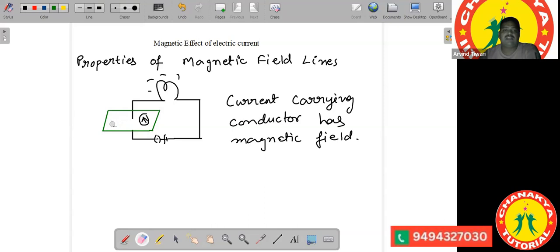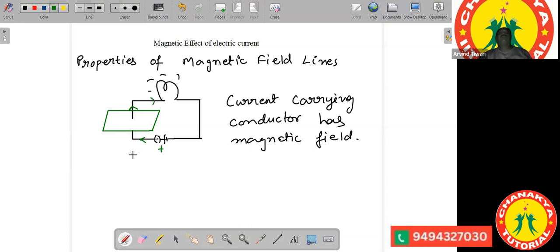The direction of current is from the positive terminal of the battery towards the negative terminal. So this is the direction of current.